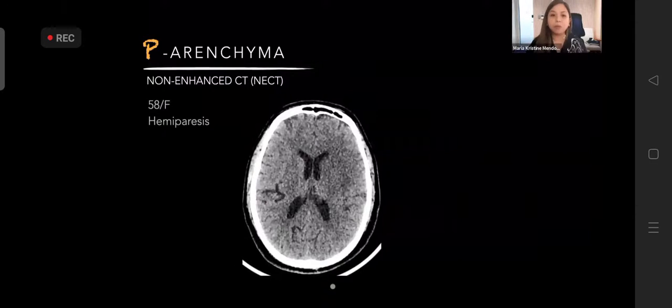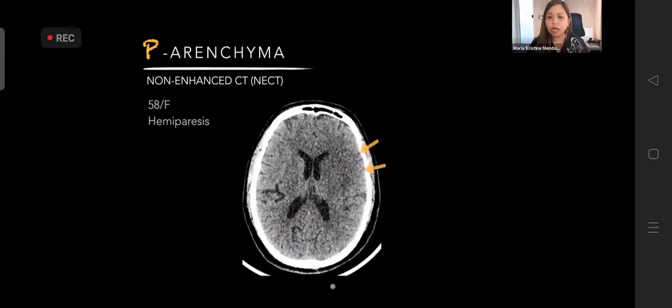Another patient, a 58-year-old female. I purposely did not put the side affected, but this patient presents with hemiparesis. Again, in this particular image that is being projected on your screen, the sign of infarction is very subtle. Although, of course, we can already see that there is a more hypodense appearance of the left frontal lobe.